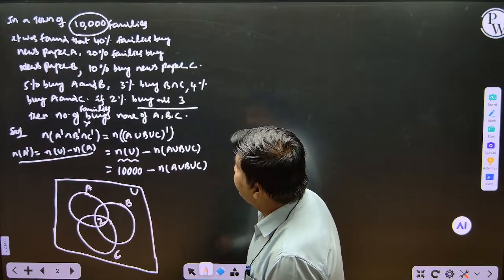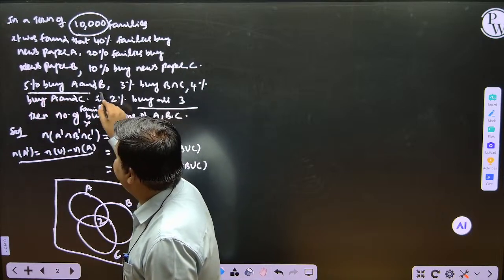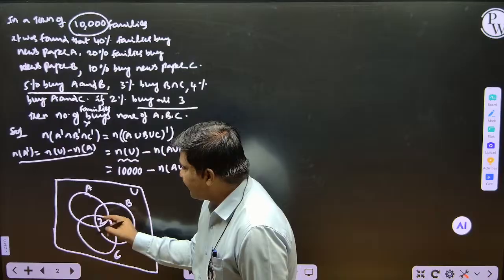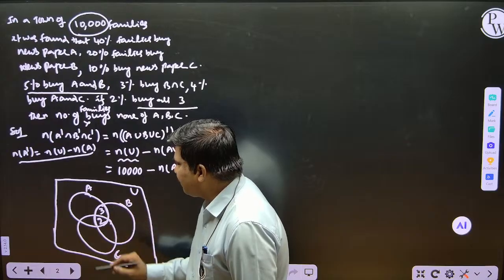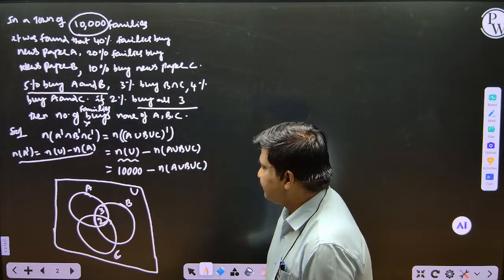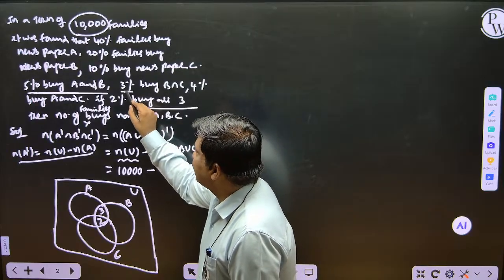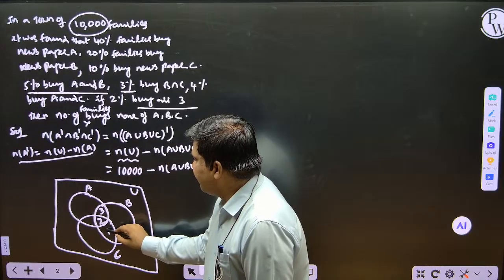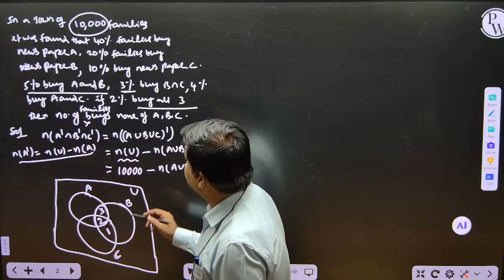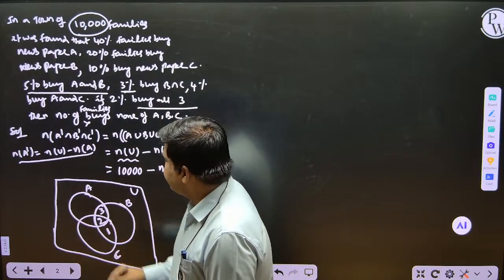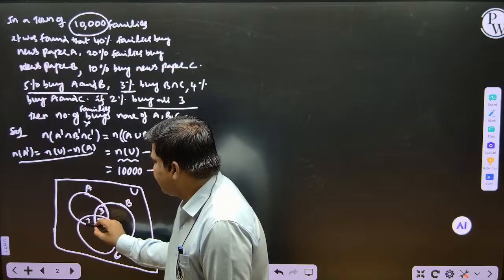Next we go for A and B. 5% buys A and B. Already 2 is here, and the total should be 5, so here you must take 3. Next B and C: 3%. Already 2 is here, so here is only 1. Next A and C: 4%. Already 2 here, so here you take 2.